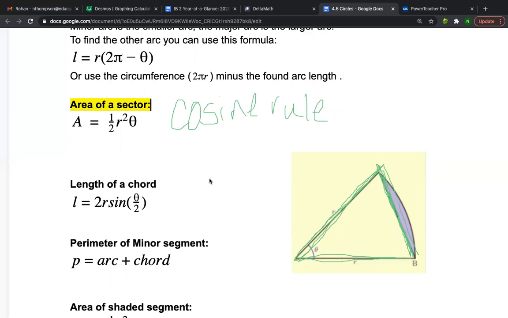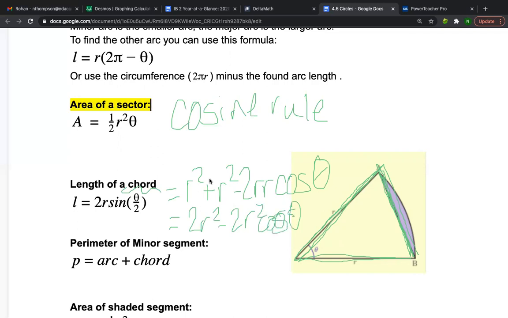So here we would have the chord equal to the square root of r squared plus r squared minus 2 times r times r times the cosine of the angle, which when you multiply it out, we get 2r squared minus 2r squared cosine theta. So you can still solve for that piece.